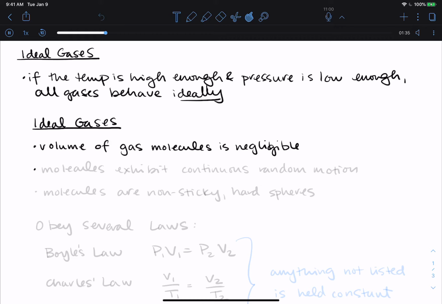In a sample of an ideal gas, the molecules exhibit continuous random motion. And the molecules are non-sticky, hard spheres.